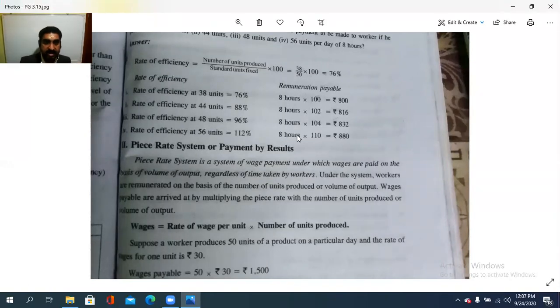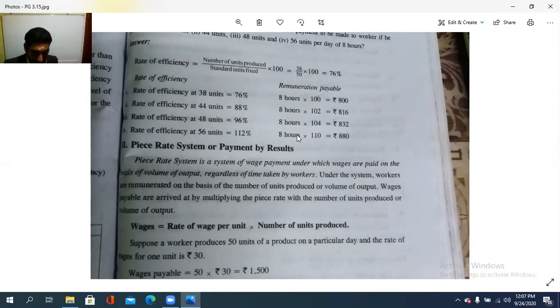Under this, workers are remunerated on the basis of the number of units produced or the volume of output. How much output is produced by each and every worker? Based on the output produced, he is remunerated. Wages payable are arrived at by multiplying the piece rate with the number of units produced or volume of output.